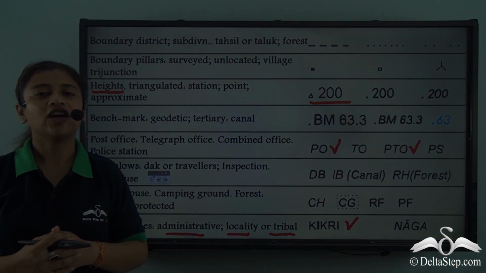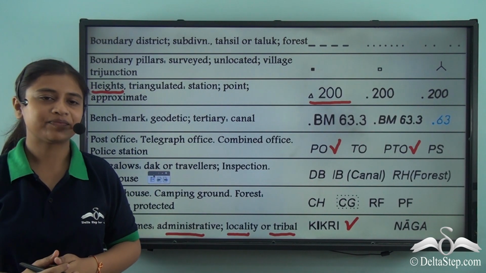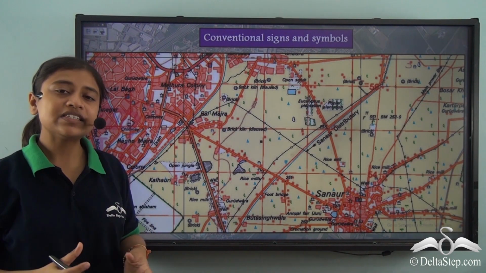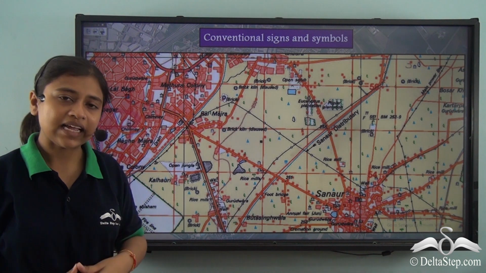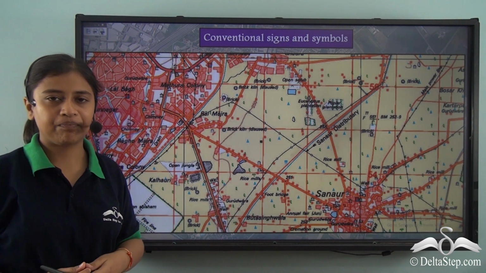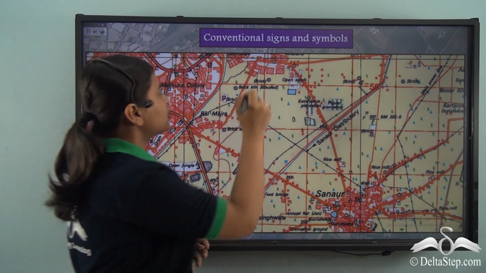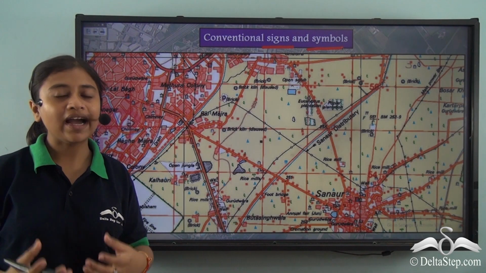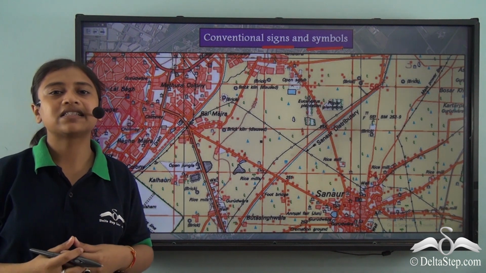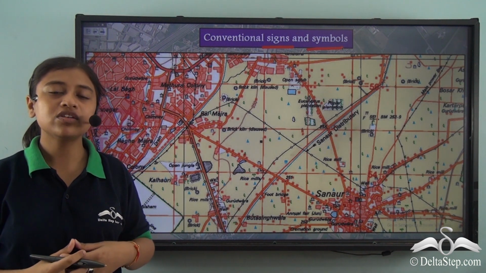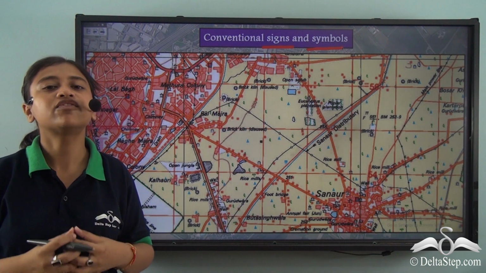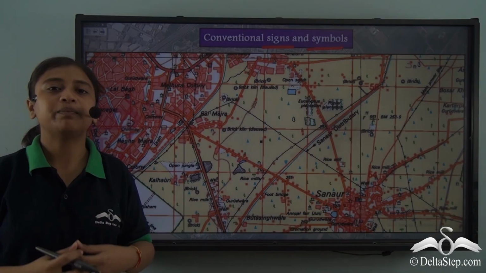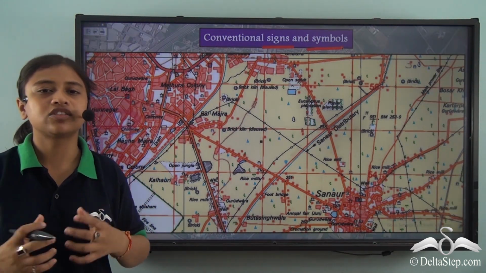And you can simply note them down in your notebook. So that is how different signs and symbols are represented on a topographical map. And these are conventional signs and symbols. In our previous lesson, we understood why they are known as conventional signs and symbols. This is only to avoid any sort of confusion, so that a standard form of representation could be accepted and followed across the globe.